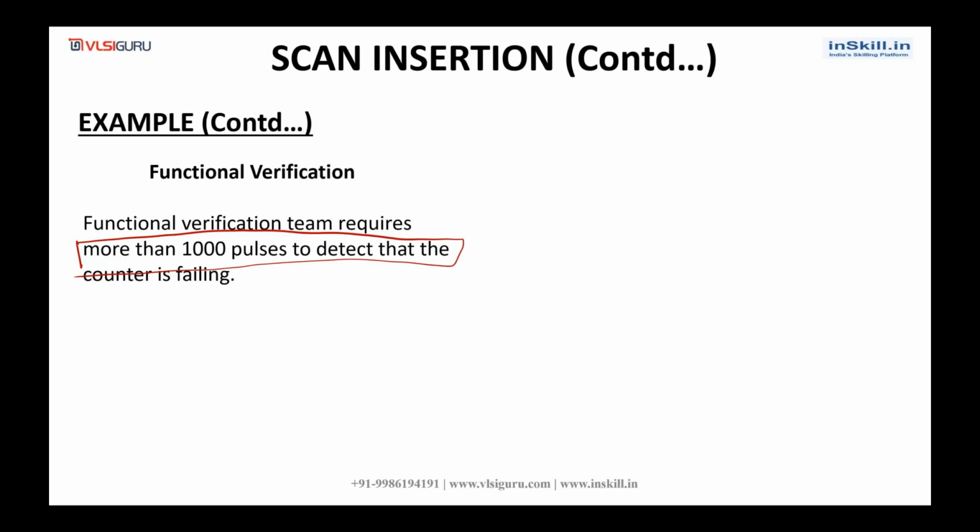As we already saw in the earlier slide, the functional verification team checks the functionality.